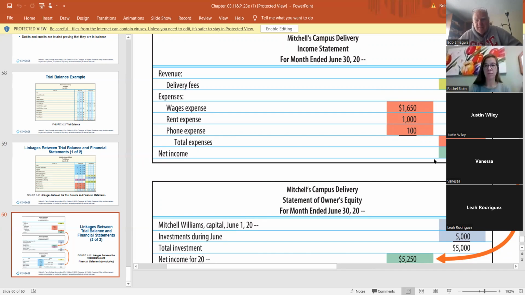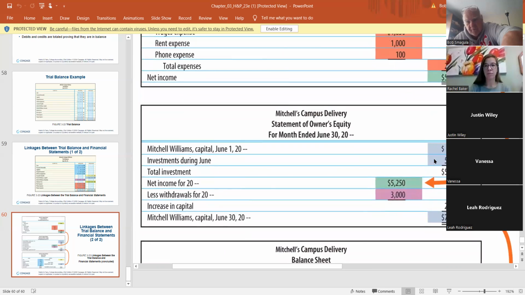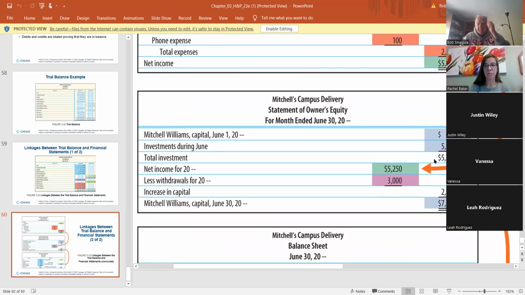Now that we have the income statement, we can prepare the second of the three statements, which is the statement of owner's equity. And this one here is simply beginning balance plus net income minus drawing equals ending. You've got to bide your time. BIDE, if you like mnemonics like that.